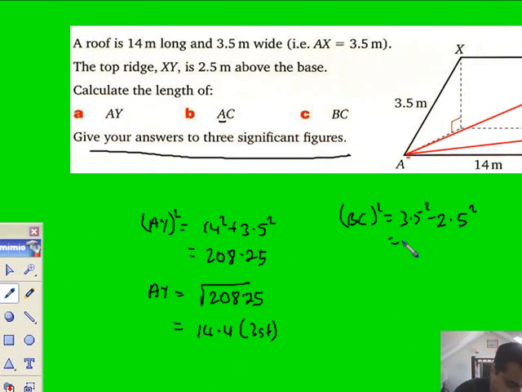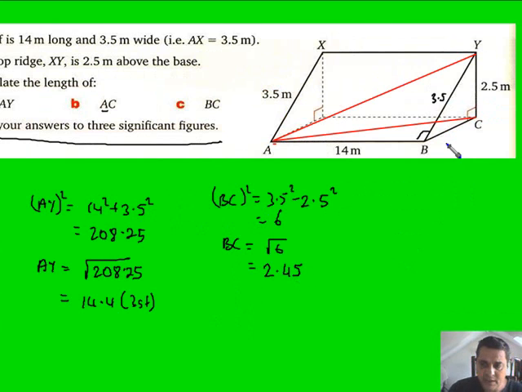So 3.5 squared, take away the 2.5 height squared, and that gives me exactly 6. Oh, that's good. So BC alone is going to be root 6, which is 2.449. So I'm going to go for 2.45 there and just write it into my storyline.